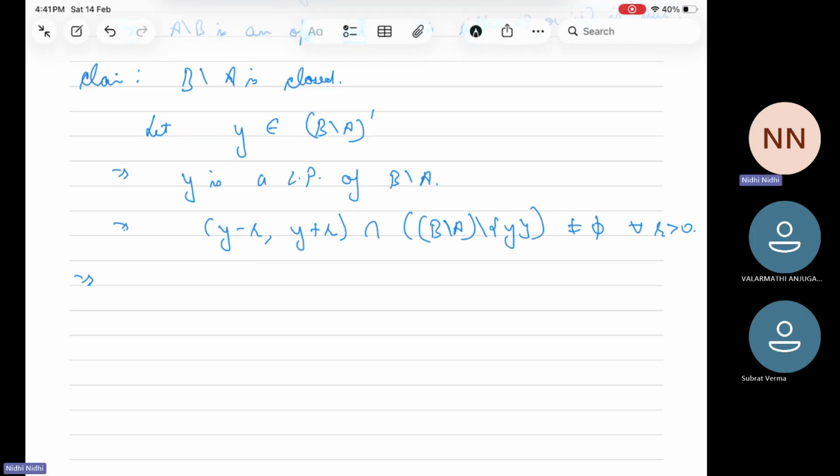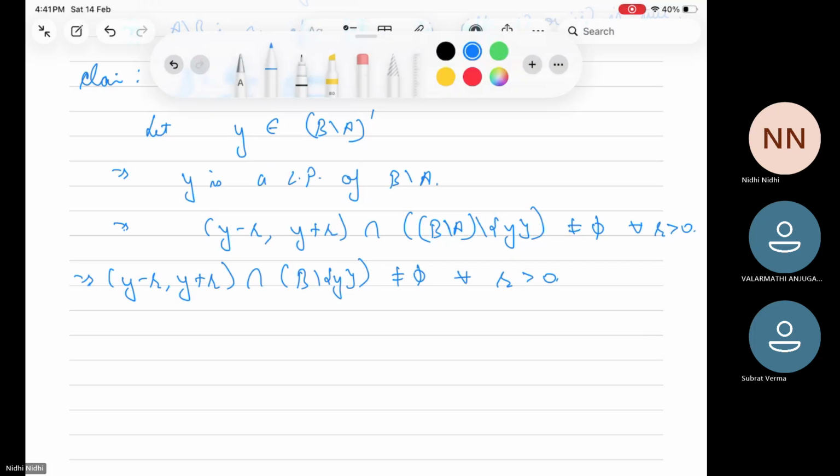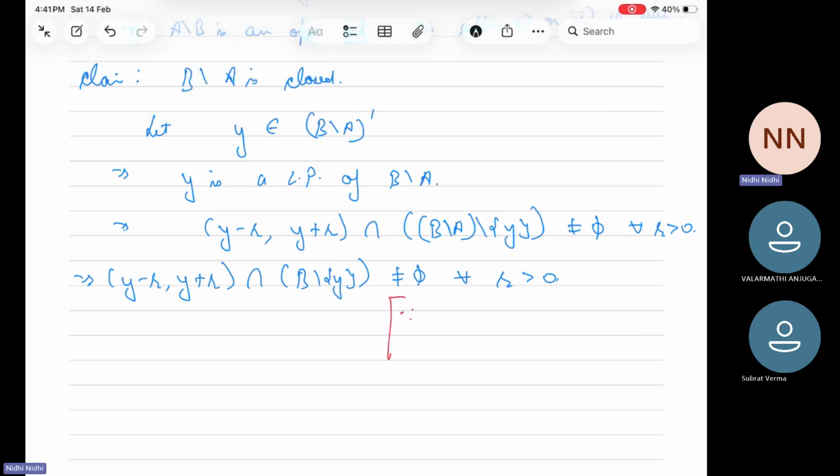Now this implies (y minus r, y plus r) intersection (B minus singleton y) is non-empty as well, because B minus A is a subset of B, and since the intersection is non-empty for the smaller set, it will be non-empty for the larger set as well. Since if A is a subset of B and X intersection A is non-empty, that would imply that X intersection B is non-empty as well.